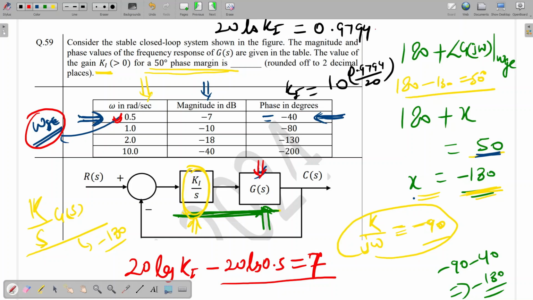Is it correct? K value I am getting as 1.119. Is it clear?